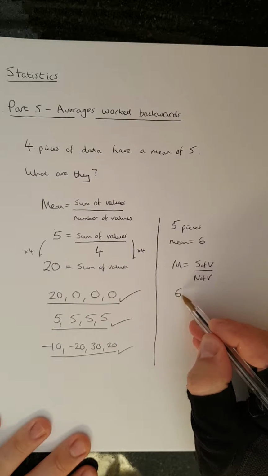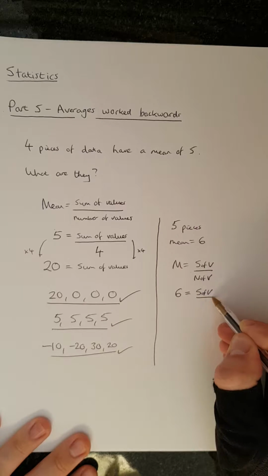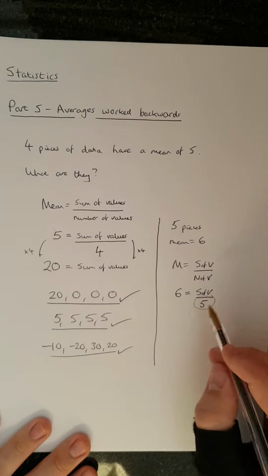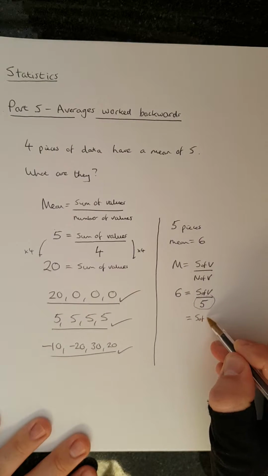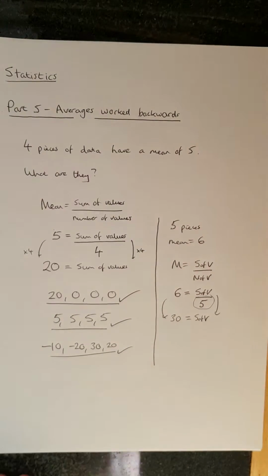So that's 6 is equal to the sum of the values divided by 5. So it's divided by 5, so I'm going to multiply by 5 and get 30.